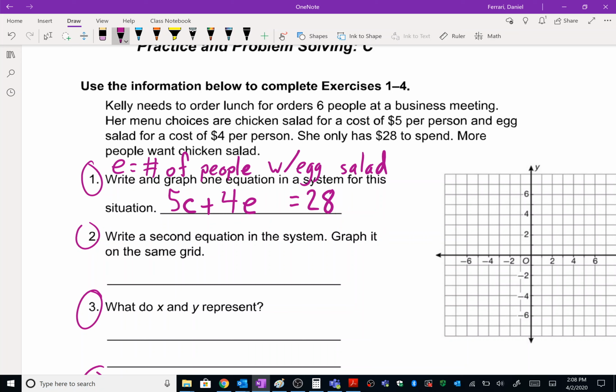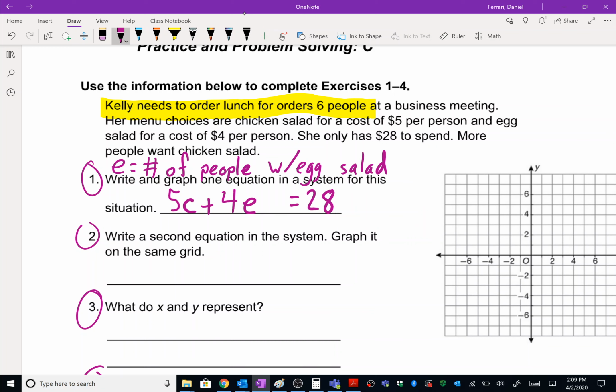Okay, this next one is a little bit tougher. I think this is one that a lot of students struggle with. It turns out the only number we need for this problem is actually in this very first sentence: she only orders for 6 people. So remember, C is the number of people who order chicken salad, and E is the number of people who order egg salad.